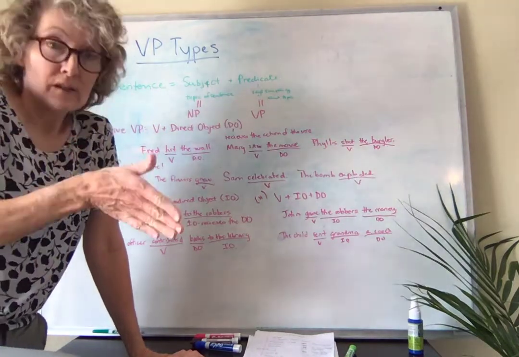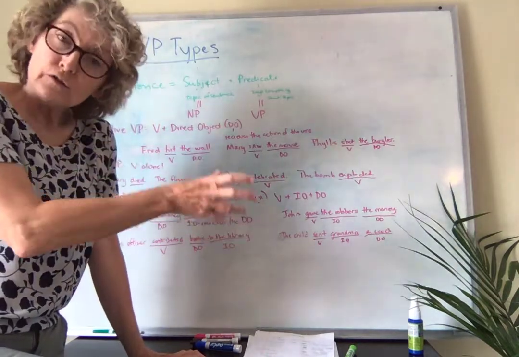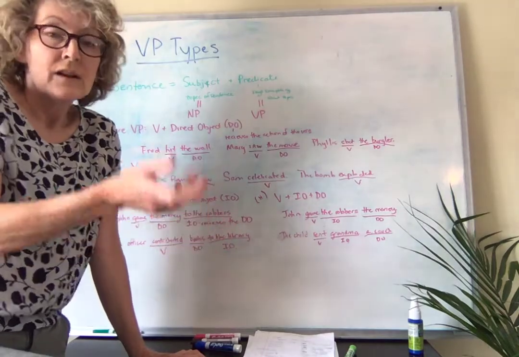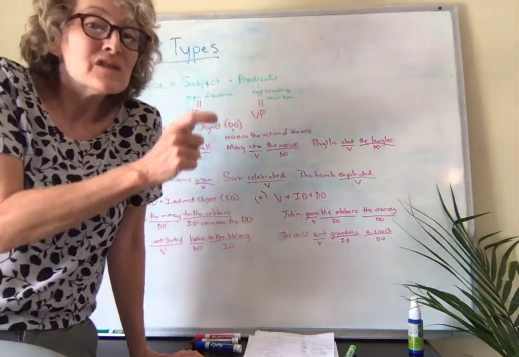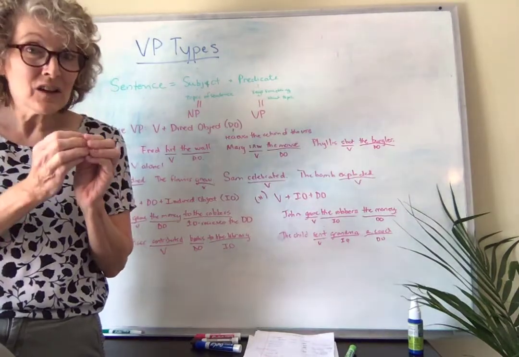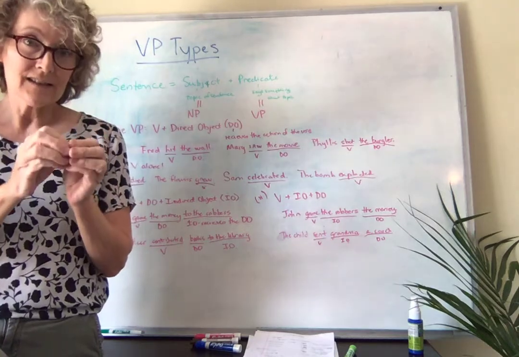It's comprised of the subject, the flowers, what the sentence is about, and then just the verb grew, which is an intransitive verb phrase. So even though the verb occurs just by itself in a sentence like that, it's still the predicate of the sentence, it's still the verb phrase of the sentence.